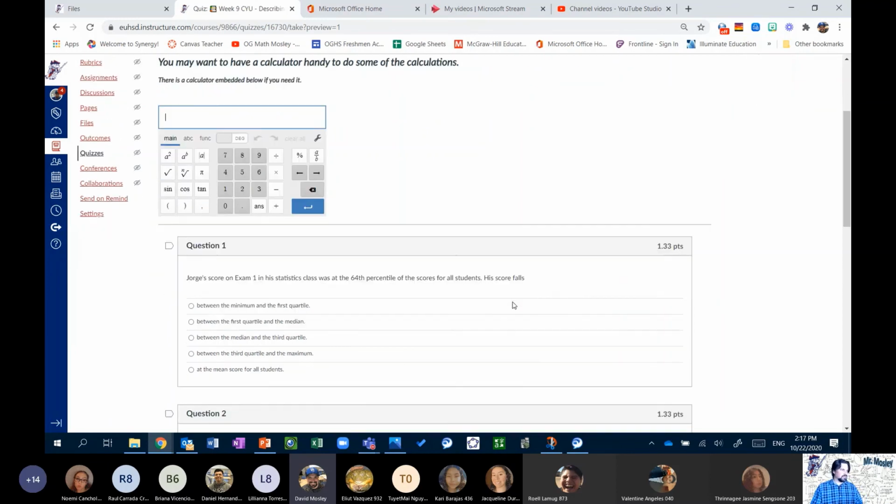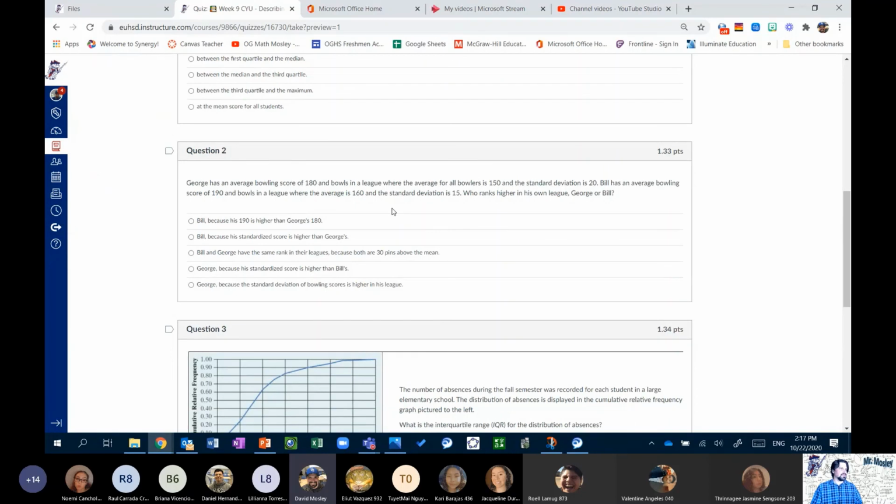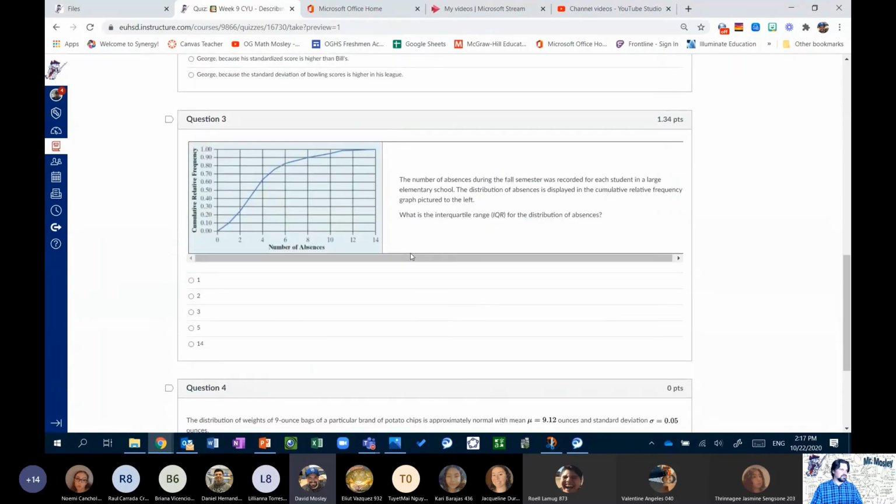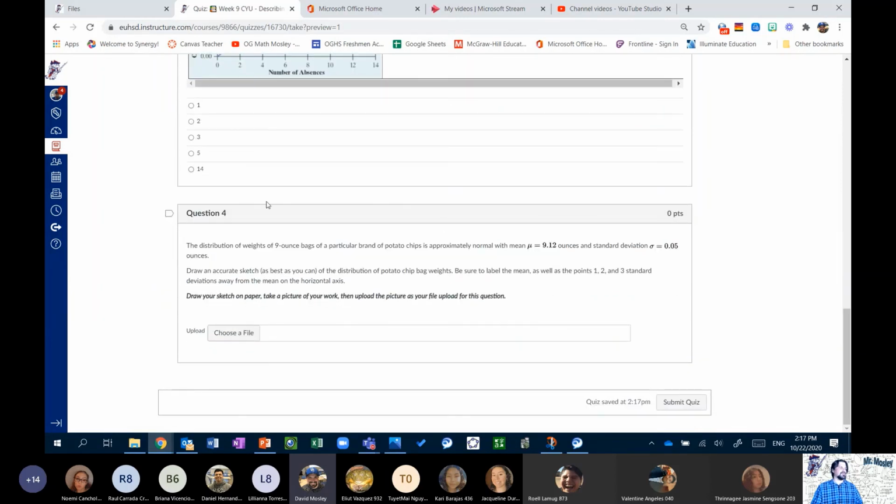So question 1 is a percentile question. We have a z-score question for number 2, cumulative relative frequency for question 3, and question 4 was having to do with the normal curve with a mu and sigma.